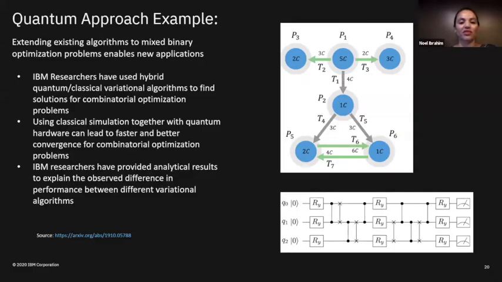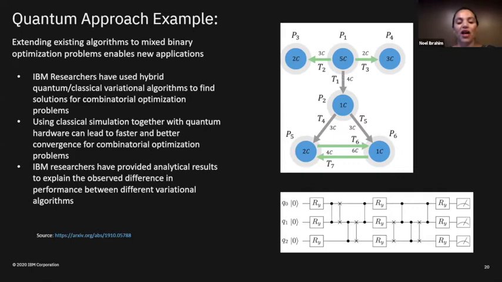Here's another example. This is transaction settlement. This is an optimization problem where one tries to close as many transactions as possible. So one optimizes over the number of closed transactions, and the quantum circuit is on the bottom right. What is shown here is a number of rotations and entanglement interactions followed by a measurement. This essentially creates a trial wave function, which is a superposition over bit strings, where the bit strings represent which transactions are closed and which are not closed.